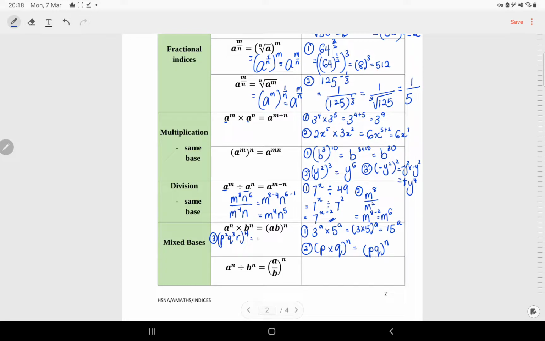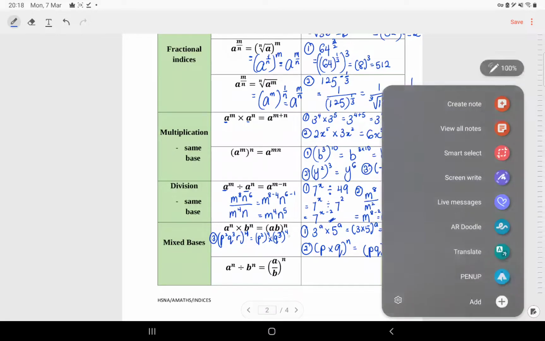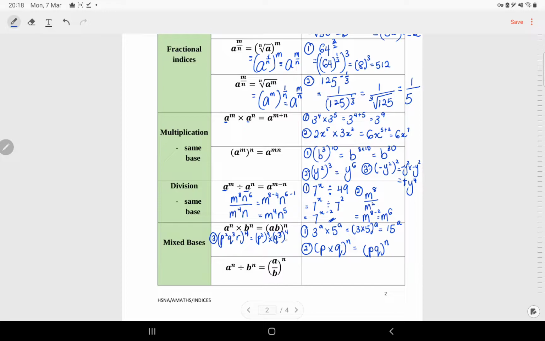So this can be written as p squared to the power 4 times q cubed to the power 4, then times r to the power 4.